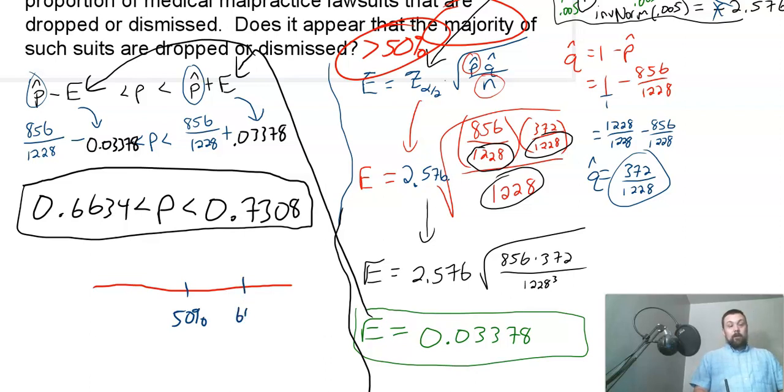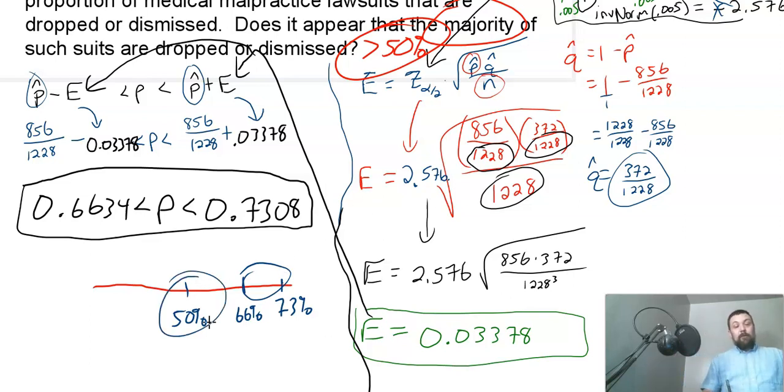It goes from 66% up to 73%. This is what we estimate as the percent of lawsuits that are dropped or dismissed. We think it's somewhere between those two numbers. In fact, we are 99% confident that it's somewhere between those two numbers, which is clearly above 50%.